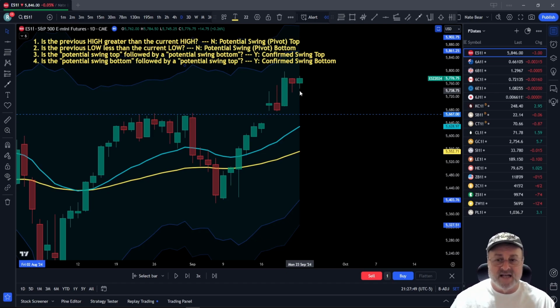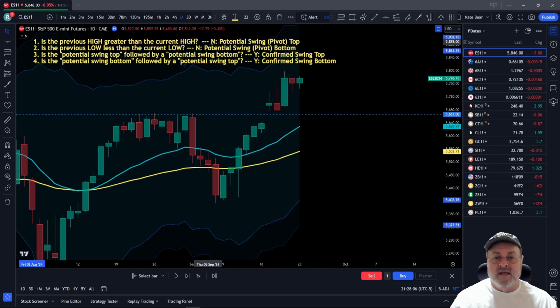Is the previous high, that would be the high of the previous bar, greater than the current high, which is the current price bar? We can see the previous high is not higher than the current bar.